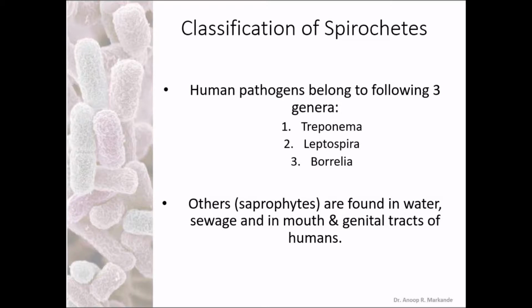When classified, spirochetes belong to three human pathogens: Treponema, Leptospira, and Borrelia, while other spirochetes are found in water, sewage, and even in our mouth and genital tracts.